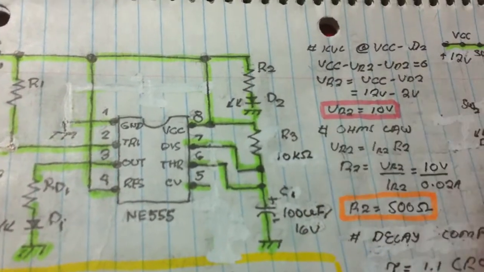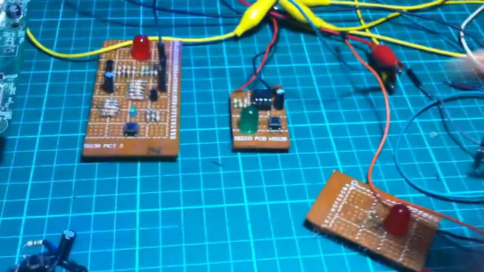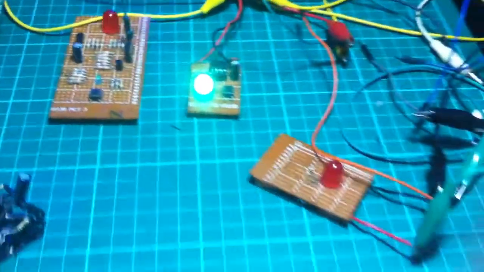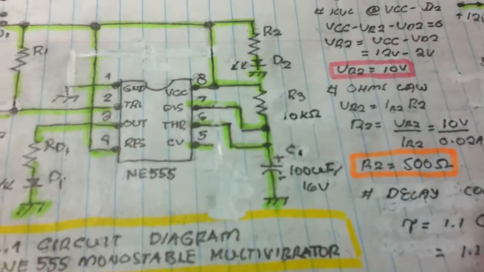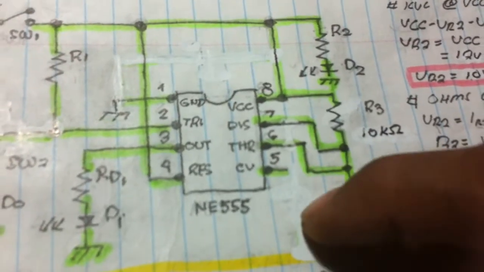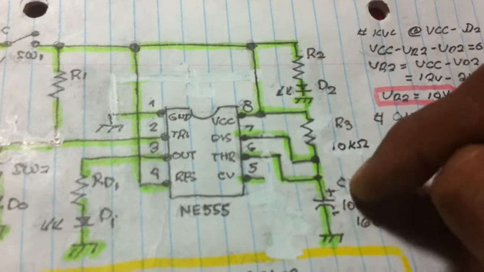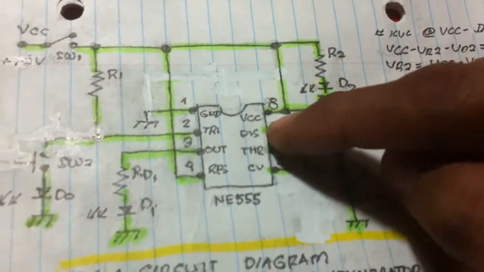That is the controlling components that serve as the timer that controls the on and off of the LED. Pin 5, I don't use any capacitor, still okay. 6, 7 connected to the two components.